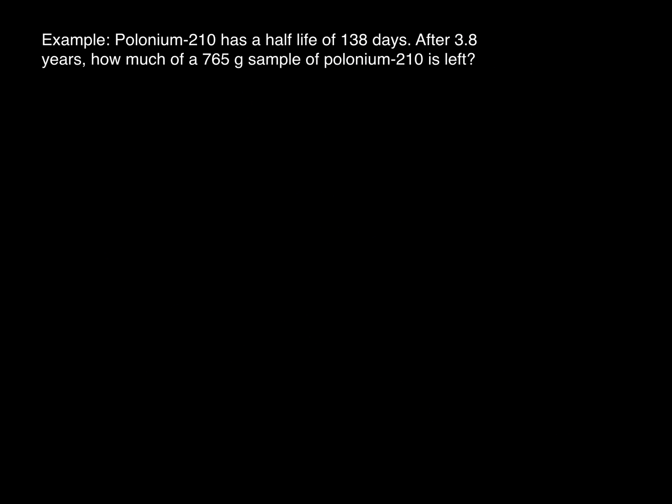Here's an example. Polonium-210 has a half-life of 138 days. After 3.8 years, how much of a 765-gram sample of polonium-210 is left? The example gives us the original N value, which is 765 grams. We're looking for the amount left over after 3.8 years.